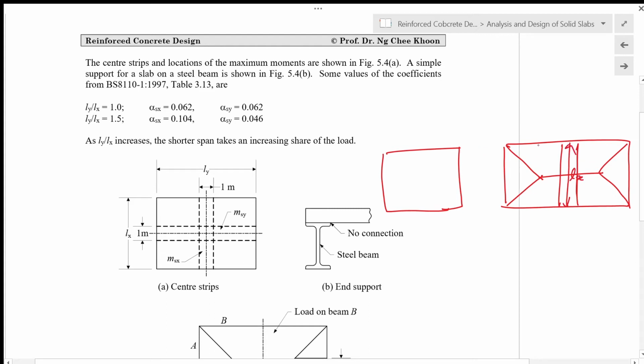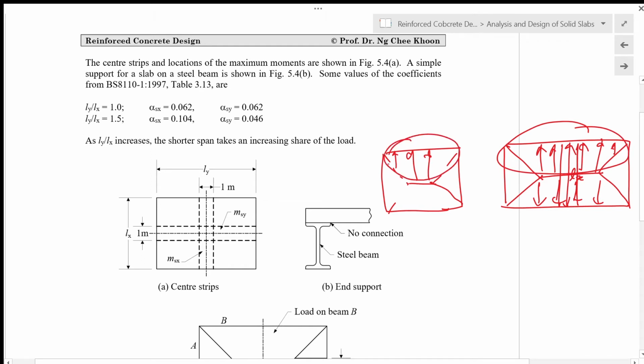So you see that more load is transferred in the shorter span direction as compared to a slab like this. Okay, so this one has more load as compared to this.